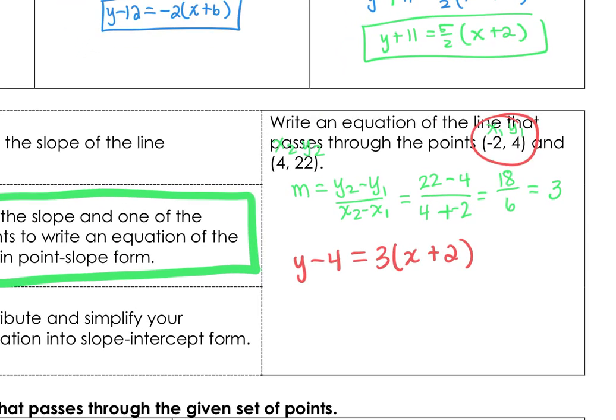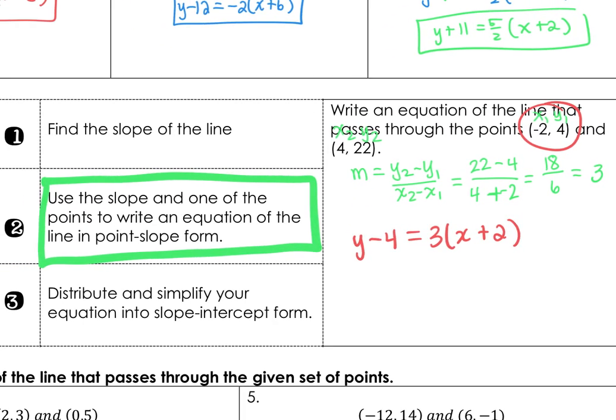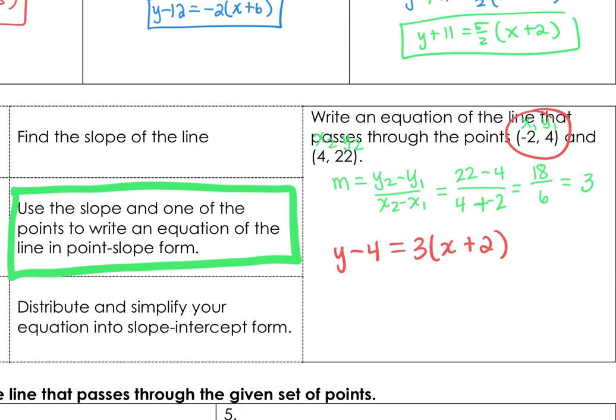Now what we're going to do, step number 3, we did this in, I don't know, 4.2, I think. Yeah, 4.2. All we're going to do now is simplify this to y equals mx plus b. So the first thing I'd want to do is distribute. So we distribute this 3, so that we have y minus 4 equals 3x plus 6.